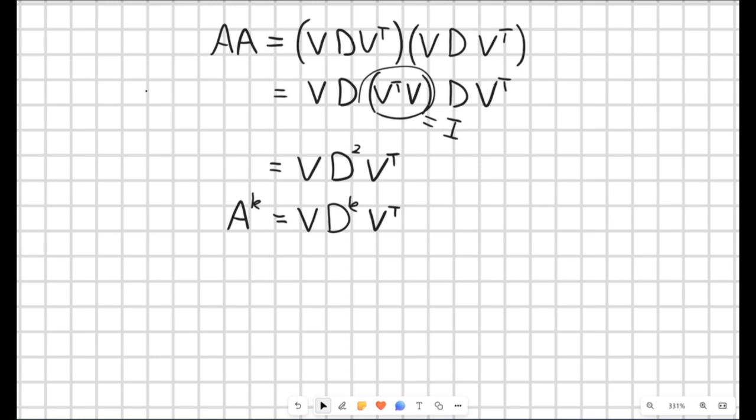Okay, as a final step, we're just going to post-multiply by V again. So what we've got is that A to the power of k multiplied by V is equal to V diagonal matrix to the power of k. And then we have a V transposed on the end, but again that's equal to the identity matrix.